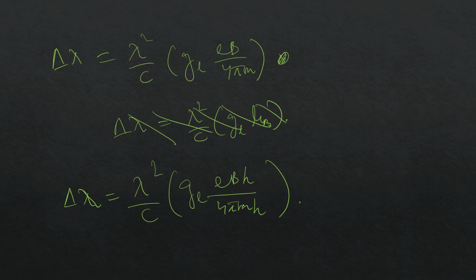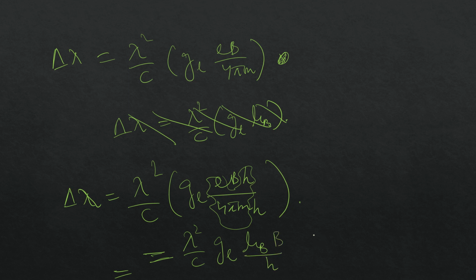Eh by 4 pi m, this will be mu b. So del lambda is lambda square by c, mu b by h.